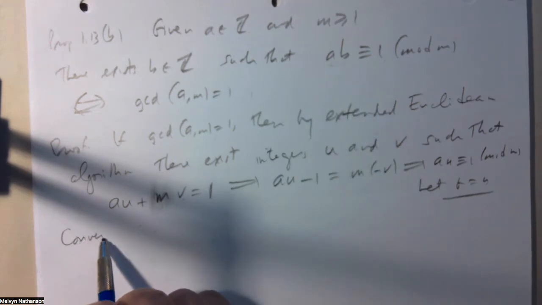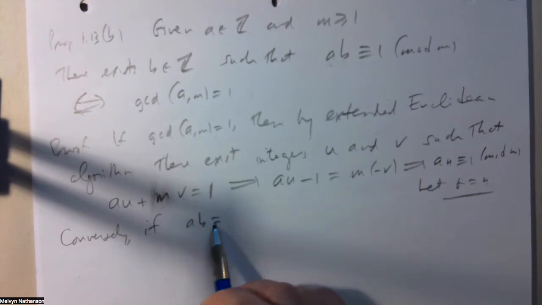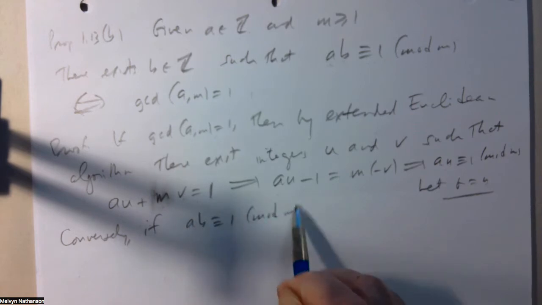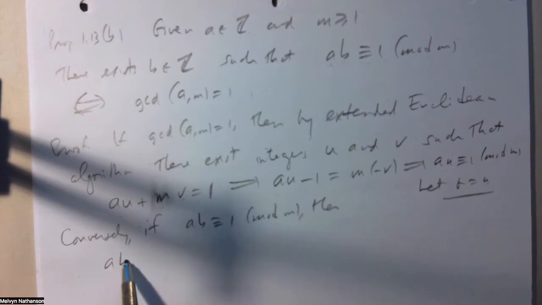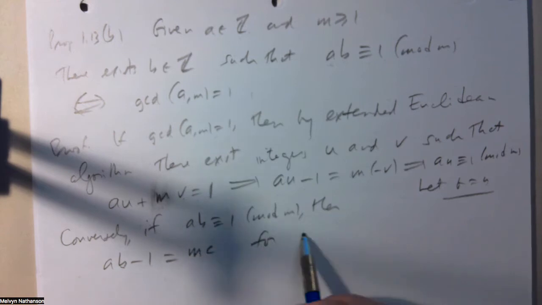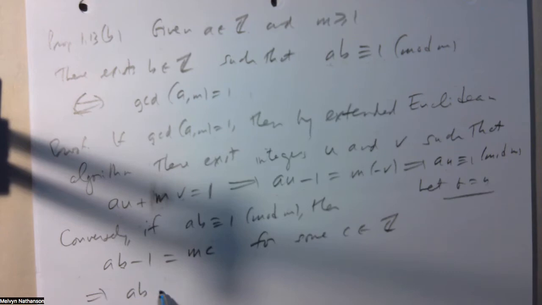And what about the converse? Conversely, if AB is congruent to 1 mod M, then AB minus 1 is divisible by M. So AB minus 1 is MC for some integer C. Another way of writing that is that AB minus MC is 1.